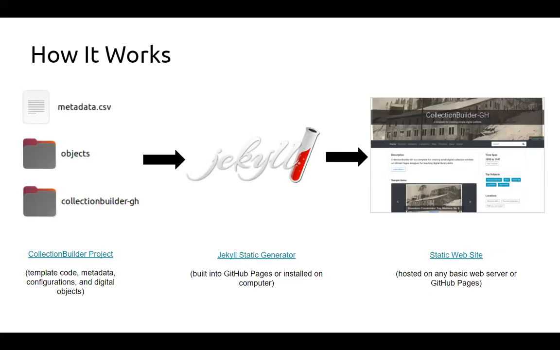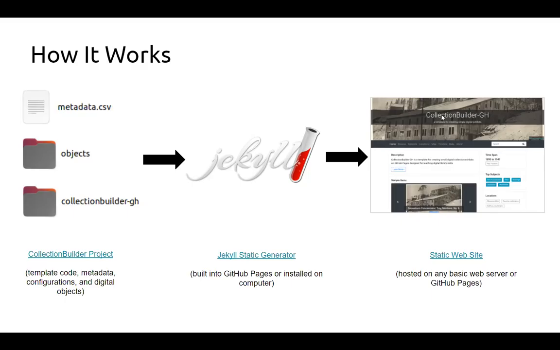So a little overview of how this is all working. The first step is you gather your objects and you work really hard on creating really clean metadata that has the fields that are going to generate the visualizations that you want.